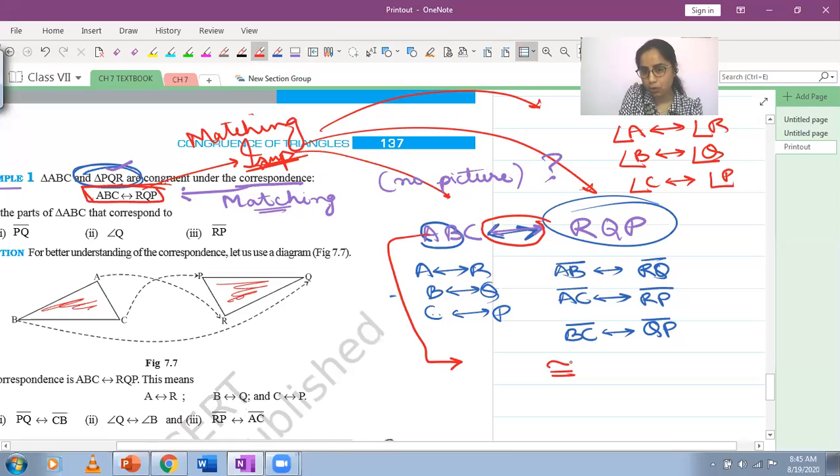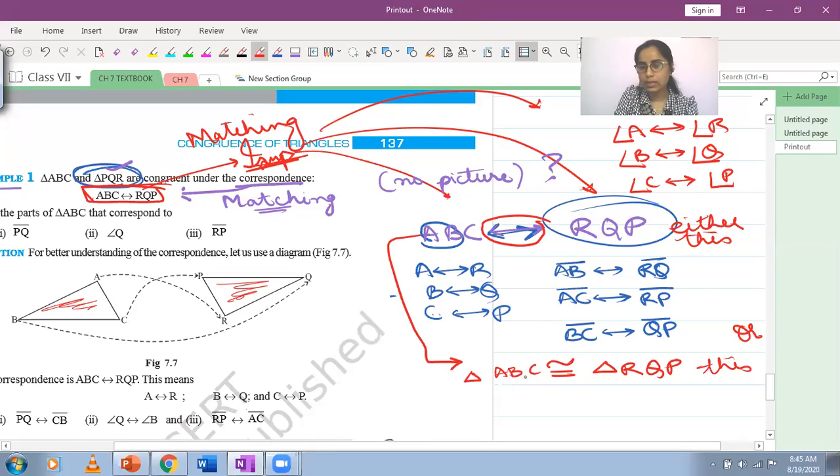If I put the sign of congruence in between, I will write triangle ABC congruent to triangle RQP. So the matching will be done from here, either this or this. Either it is given with congruence or with the matching sign. These are the important things.